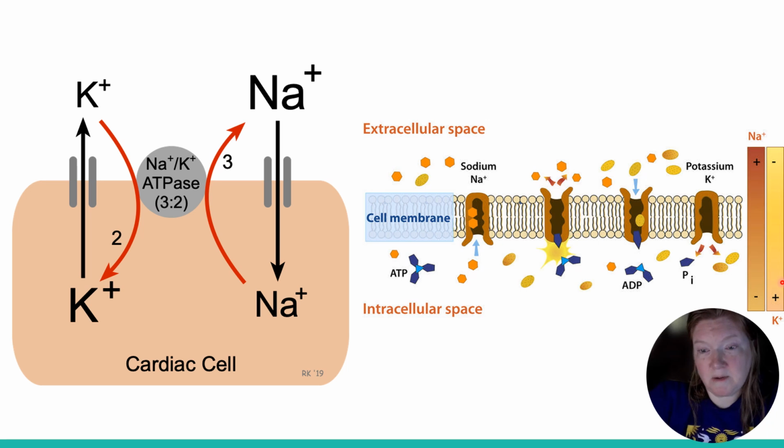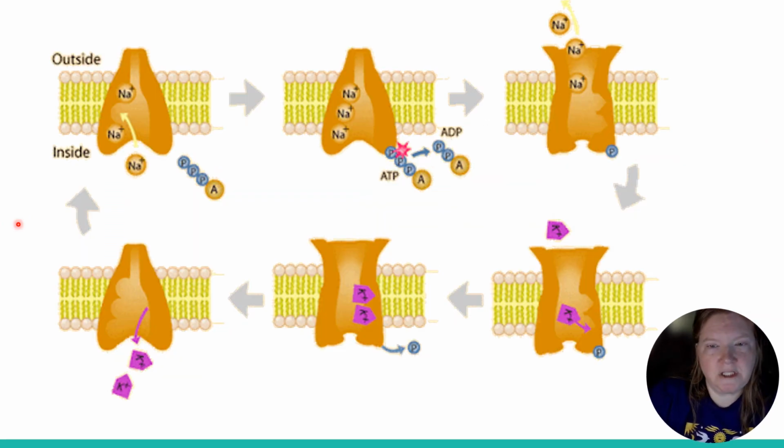Whereas potassium is going to be high then inside the cell. And when ligands bind to those channels, those ions can diffuse across. Here's just another model of it. You can see that it's 3 sodium. It requires ATP, 3 sodiums out, and then 2 potassiums in.